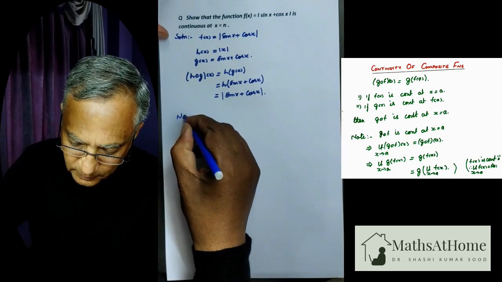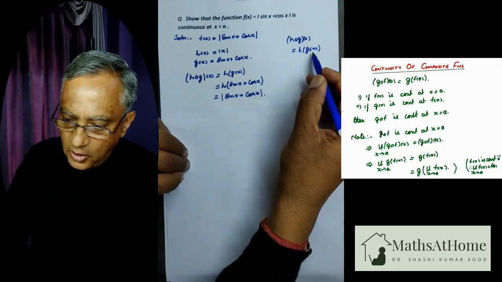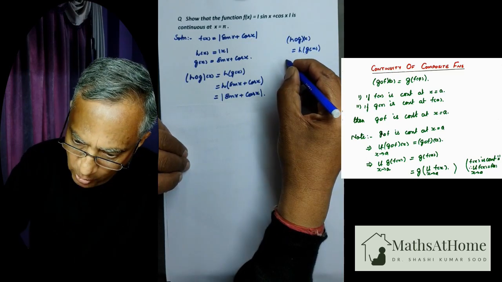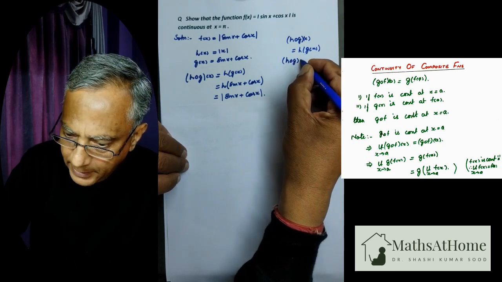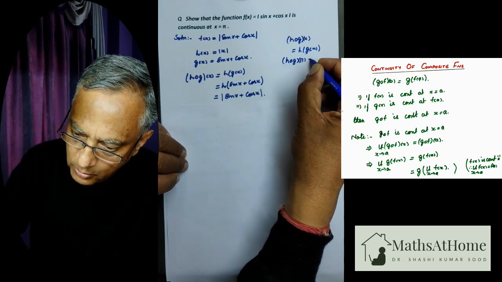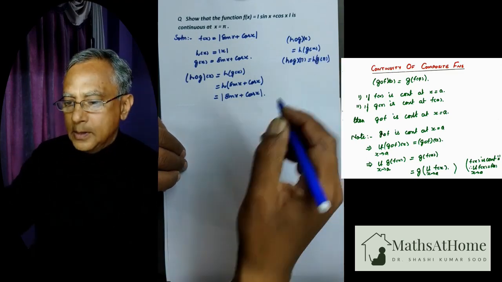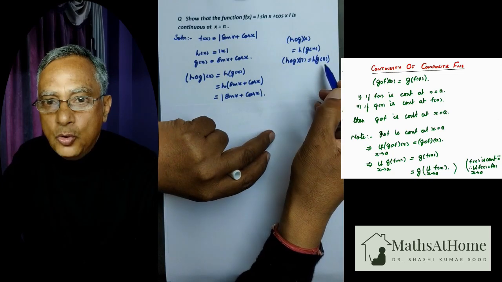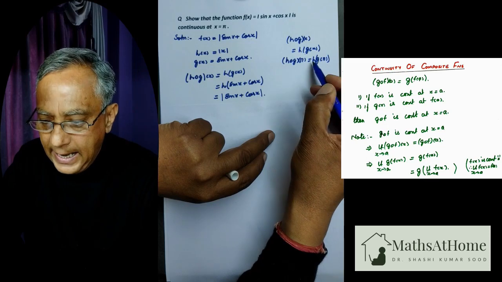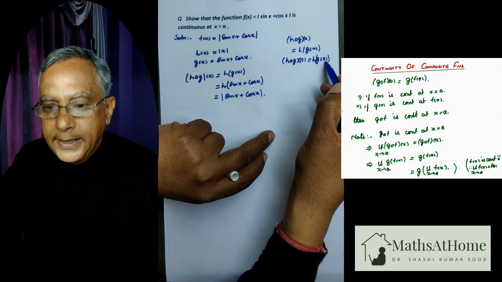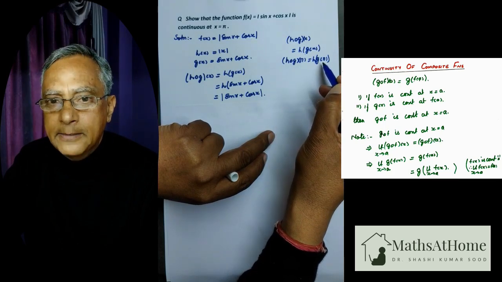Now h of g at pi will be equal to h of g(pi). So what we have to verify is that if g is continuous at pi and h is continuous at g(pi), then this function h of g will be continuous at pi.